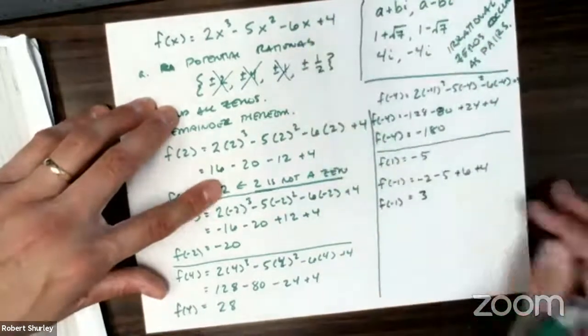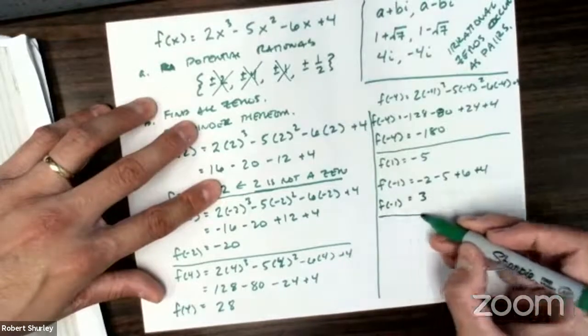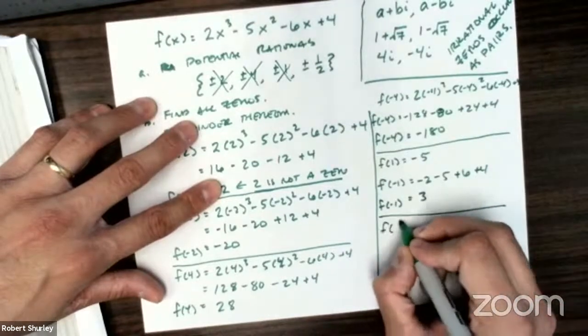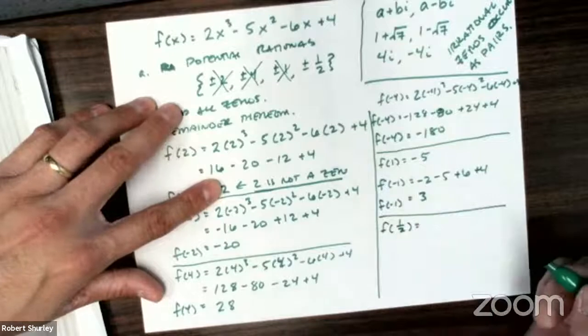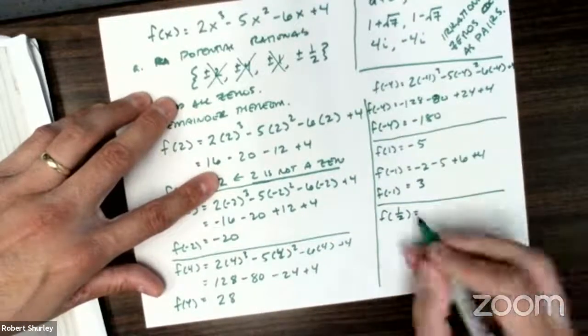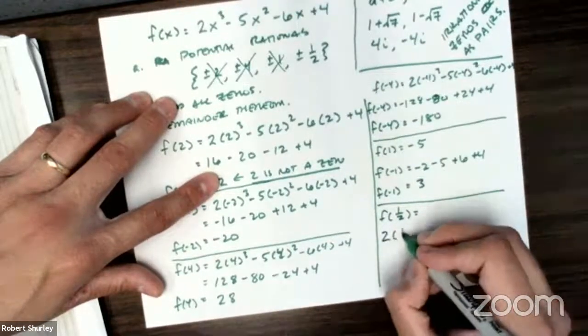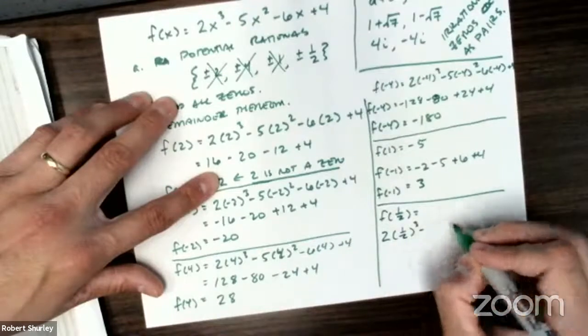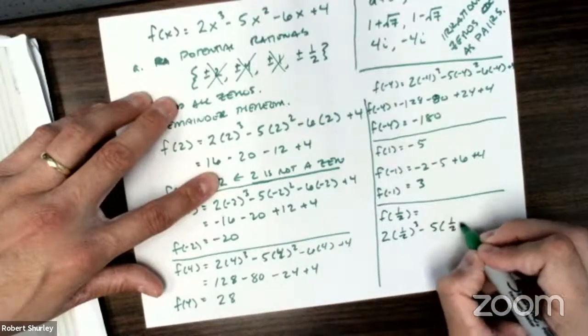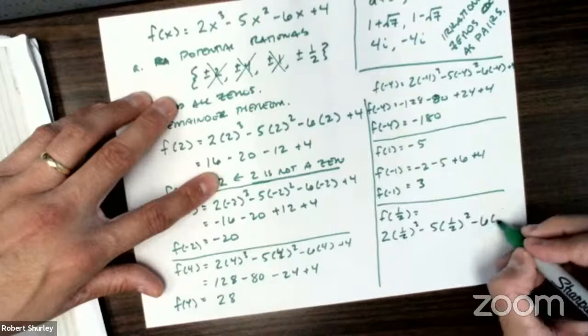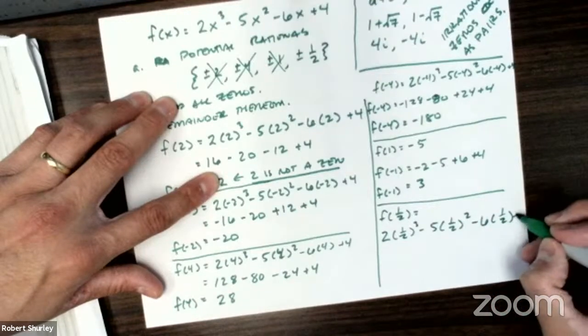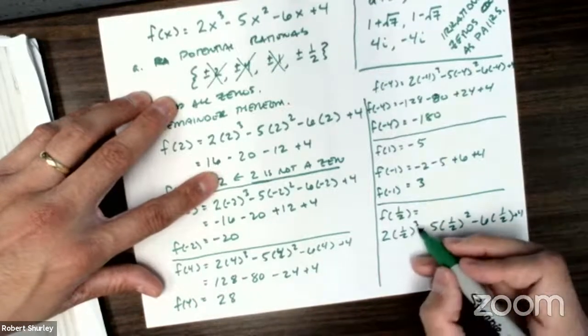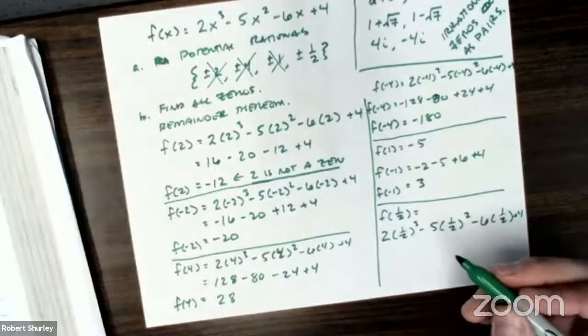Still not a zero. So now let's do 1/2. I'm going to write underneath because I'm going to run out of room. 2 times 1/2 cubed minus 5 times 1/2 squared minus 6 times 1/2 plus 4. 1/2 cubed is 1/8, it's 1/2 times 1/2 times 1/2.